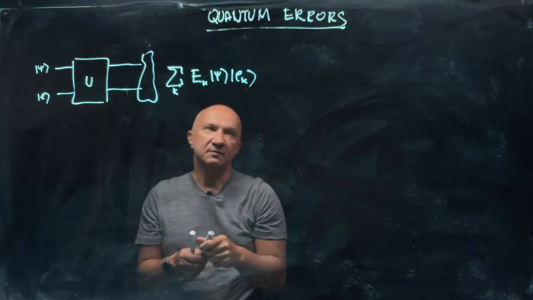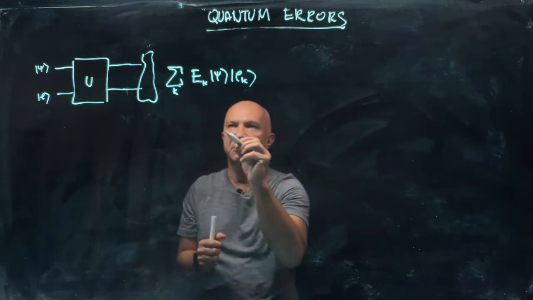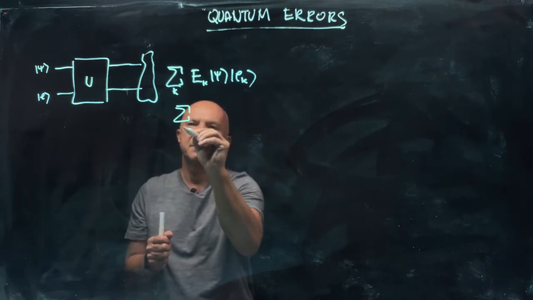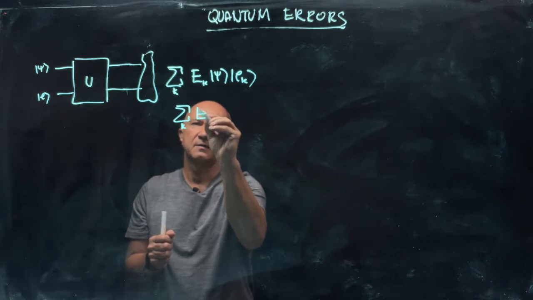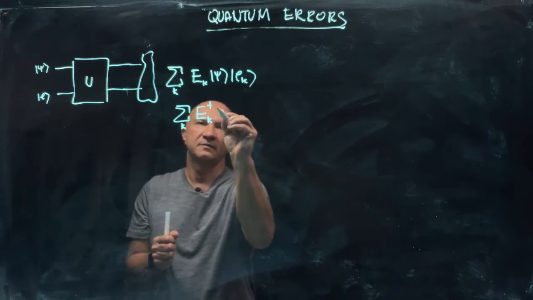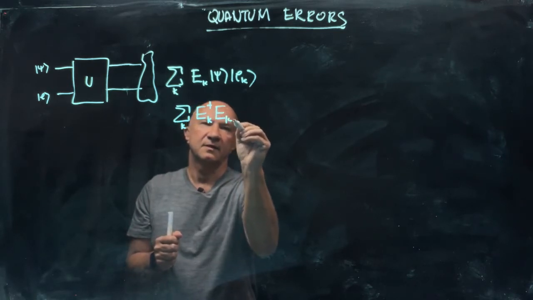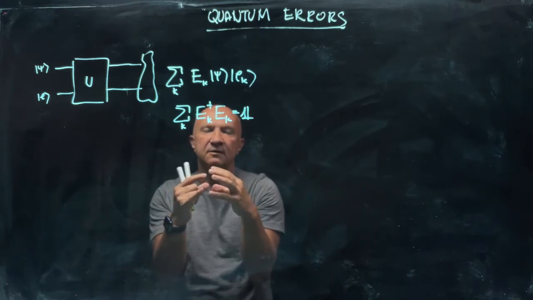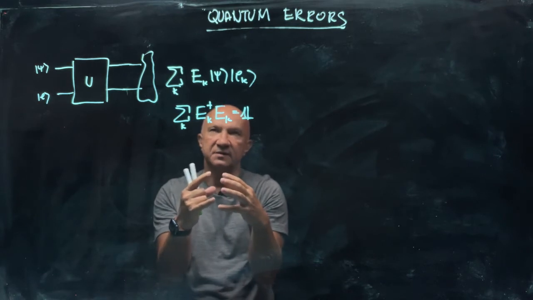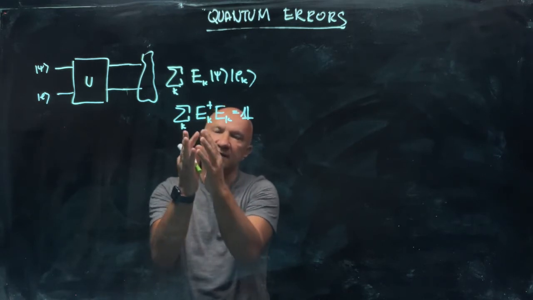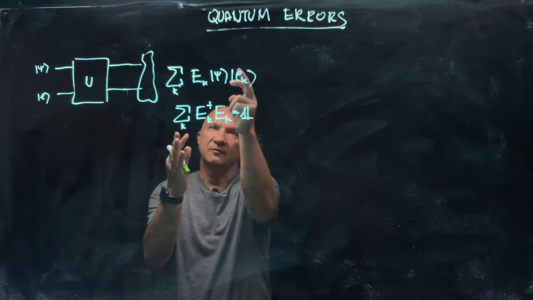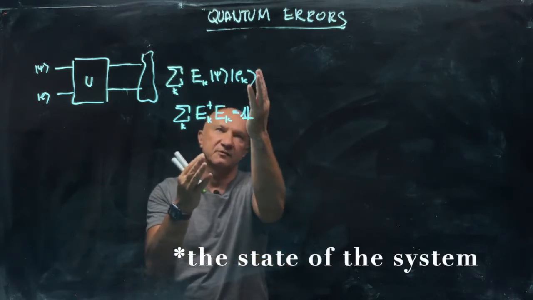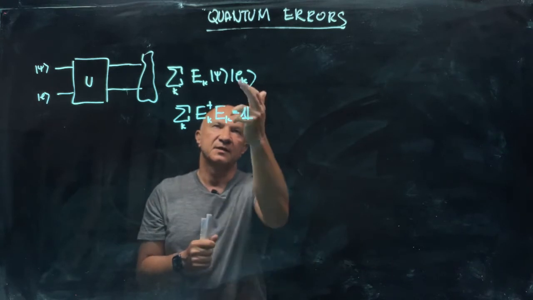The only thing that we'll request from those operators will be the following condition, that the sum over k of E_k dagger E_k is equal to the identity. So those operators act on the Hilbert space associated with the system, and they will modify the state of the qubit, and then there is a corresponding state of the environment, E sub k.